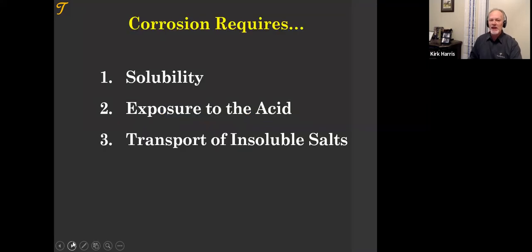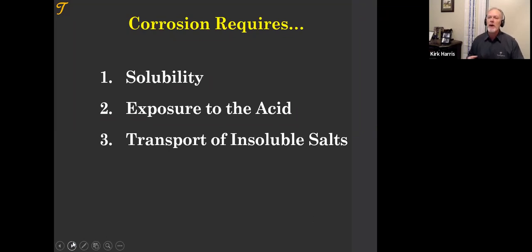Let me give you a few examples and understand that corrosion requires not just solubility. You're going to have certain companies sell you a cement that is acid resistant based upon solubility numbers. And that's one part. It's also important to eliminate exposure to that acid.